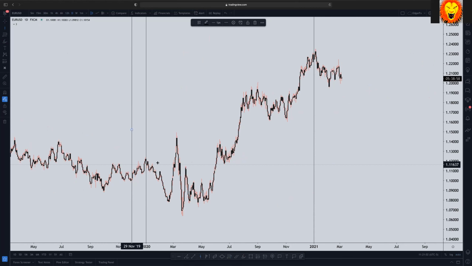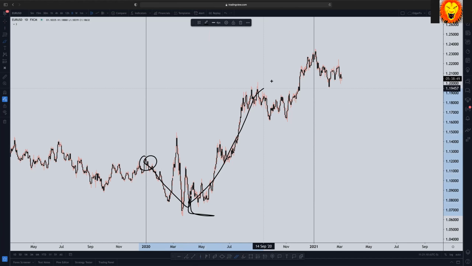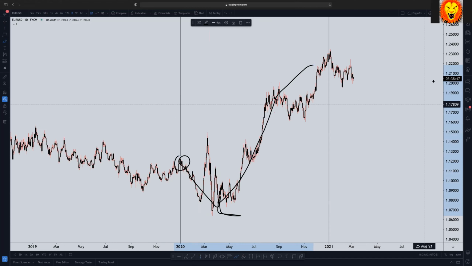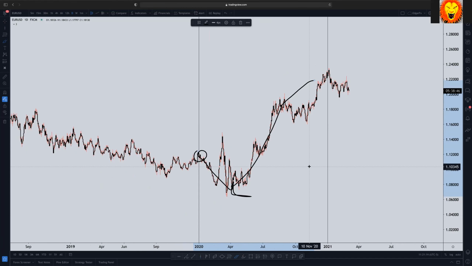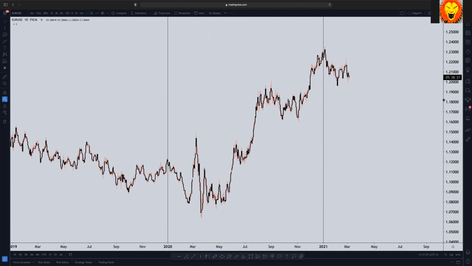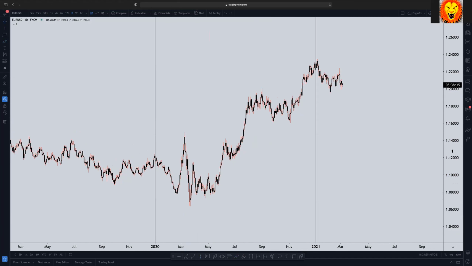So this is the year of 2020. You can see how it opened, rejected the low, and went high. It looks really beautiful, because I didn't put anything on there. It went down here. When you know, you start seeing the symmetry of the market.